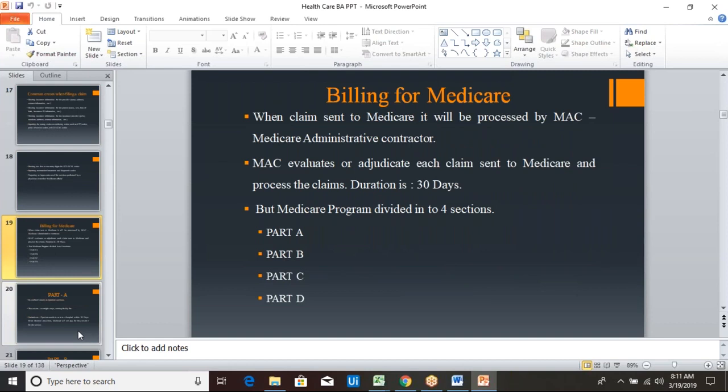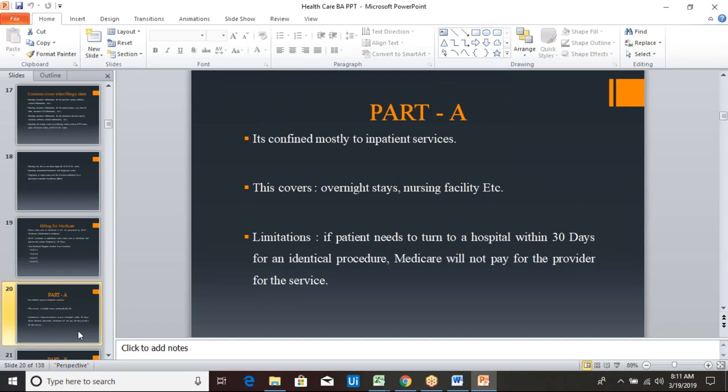And these are the different billings, as I told you. Usually Medicare has four different variants: Part A, B, C and D. Based on the Medicare plan you have taken, for example Part A, it is usually confined to inpatient services.